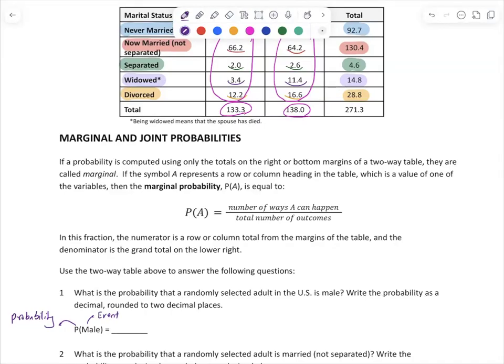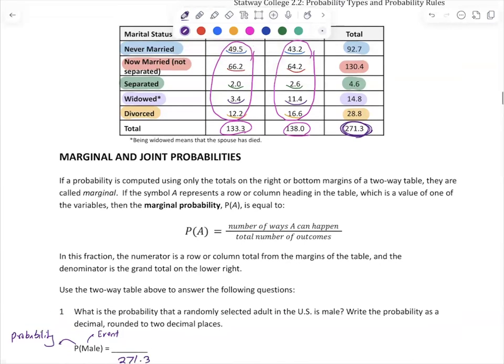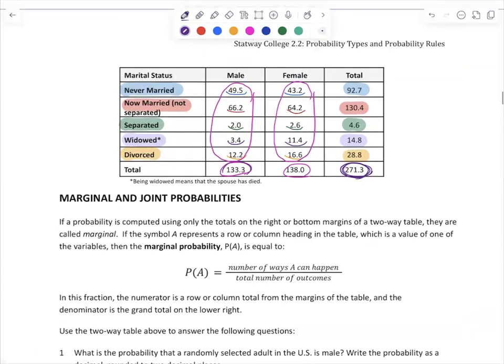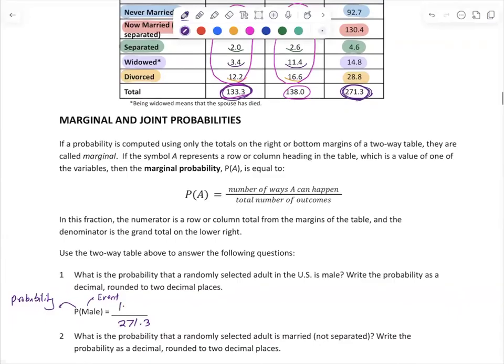Well, in order to find that probability, the total number of people who are participating in this survey is 271.3. How many male do I have? The number of male is 133.3. So 133.3 goes on the numerator and the total goes on the denominator.